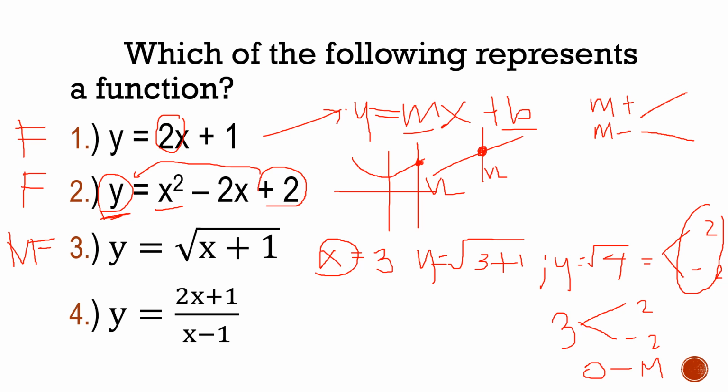For number 4, since there is no radical sign here, there is no square root, no exponent which is 2, 3, 4, your highest exponent in this one is 1. Therefore, if we put a certain value of x here, there is only one value of y that can be mapped to one value of x.